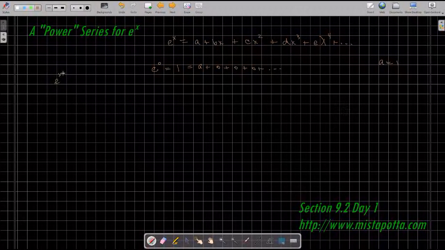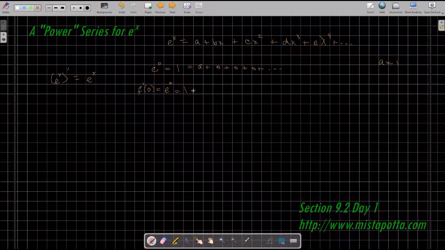And the derivative of e to the x is e to the x, which is going to be very, very convenient. So if I'm trying to find the first derivative at x equals 0, I'm going to get e to the 0, which is 1. But taking the derivative of this term means this is a constant that goes away.